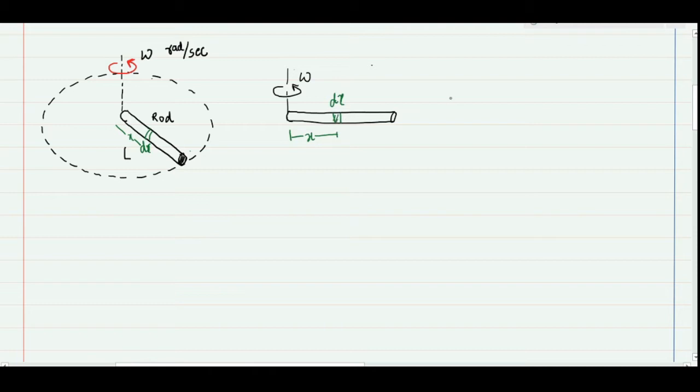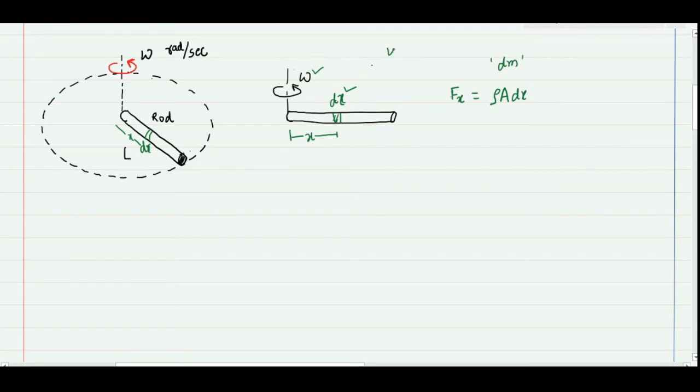First let's derive the force actually generated because of this small segment del x. That means I want to find the centrifugal force generated because of this del x piece. Let's assume that the bar has density rho, constant cross-section area A, and the length of this small segment is dx. So this is basically the mass of this small segment, and I want to calculate the centrifugal force.